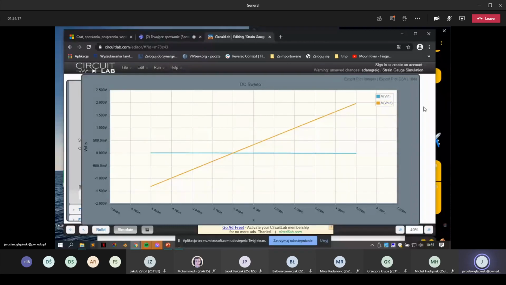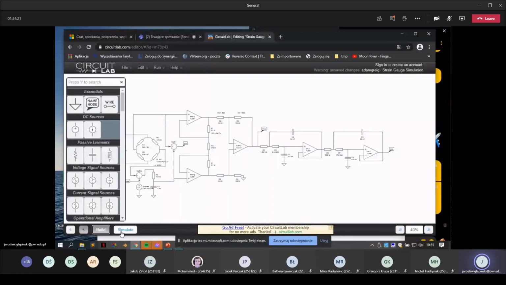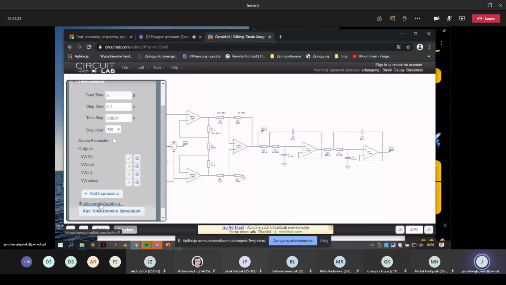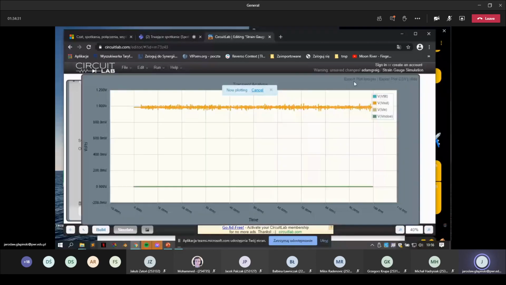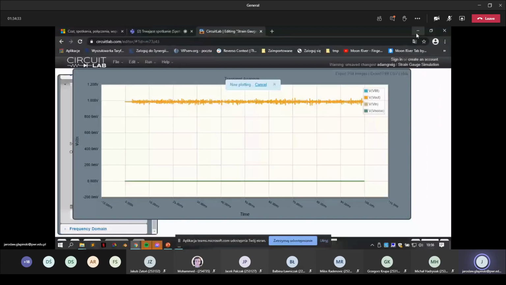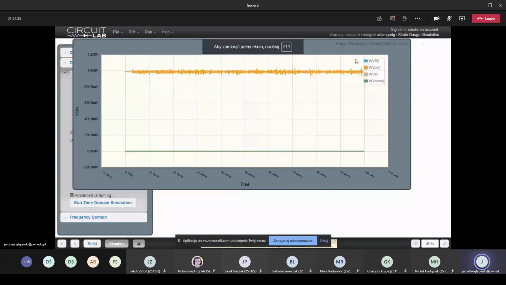Okay, what can we calculate? Can we calculate some noises, for example? Okay, so we've got 2 noises. One is connected with the input.